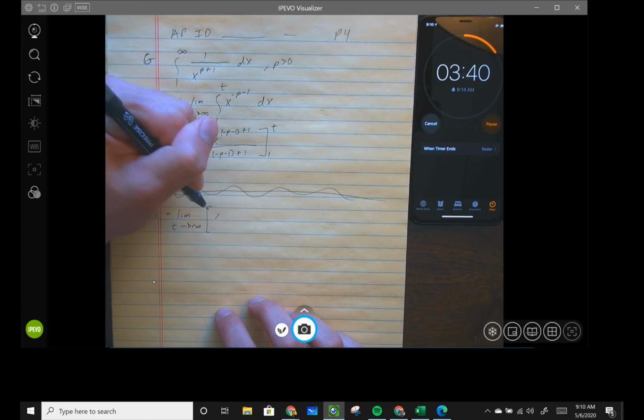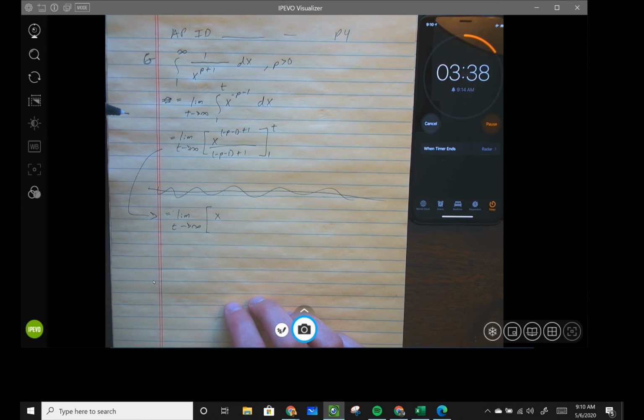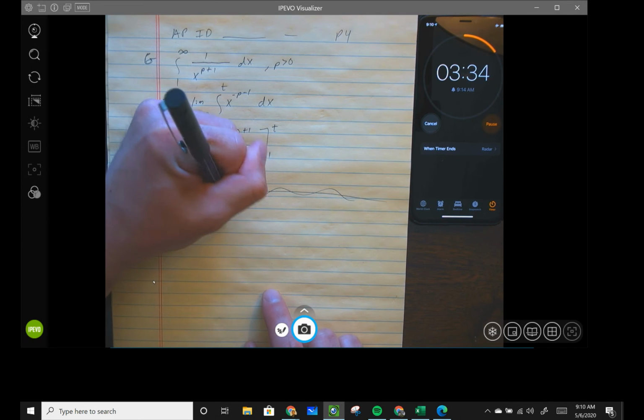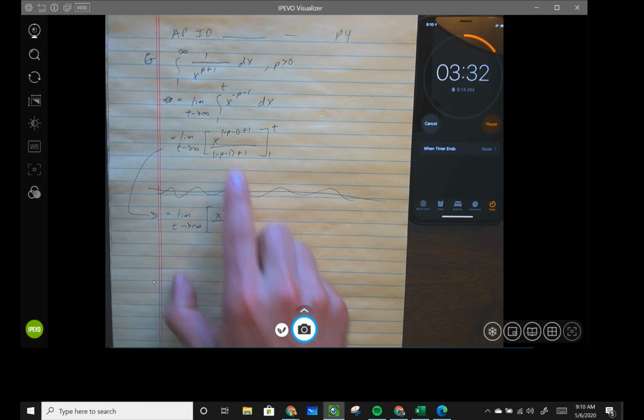I'm just going to clean this up a little bit. So this is x to the, so the minus 1 plus 1 goes away, right? So it's just x to the negative p. That's kind of nice. And then I think the same thing's going to happen here, negative p.